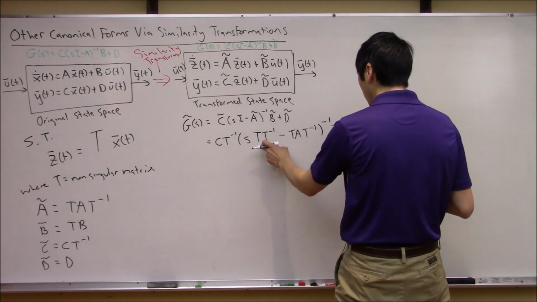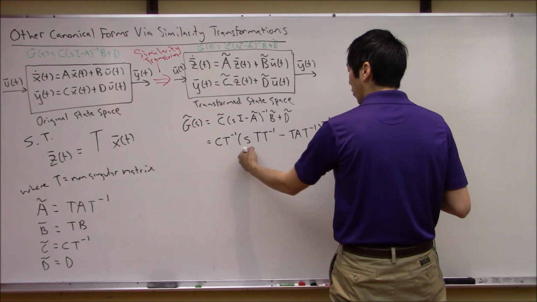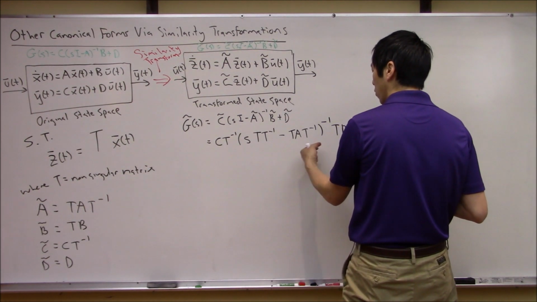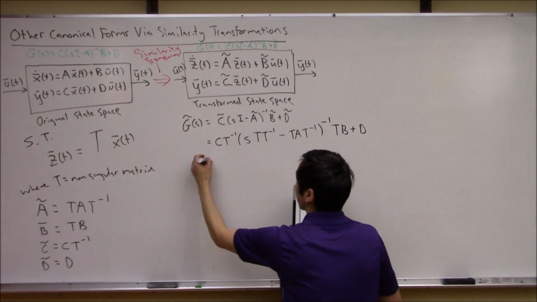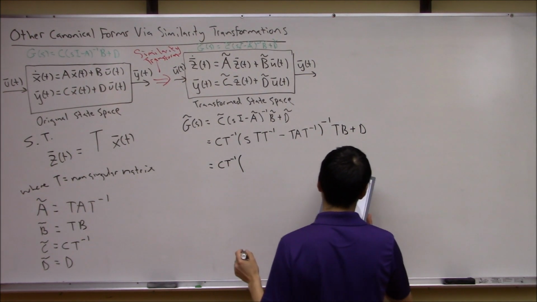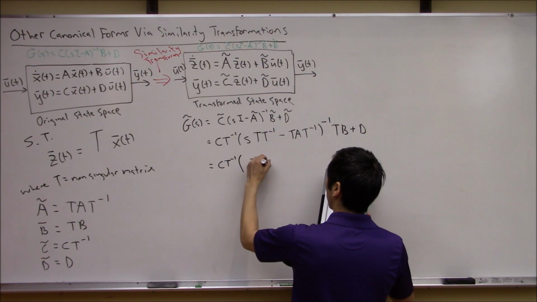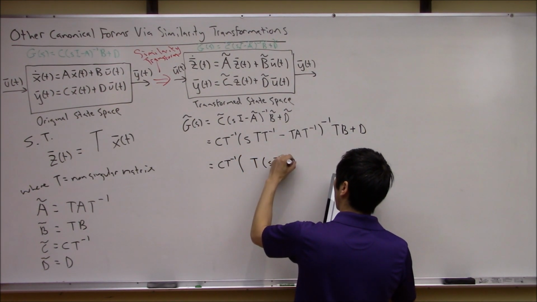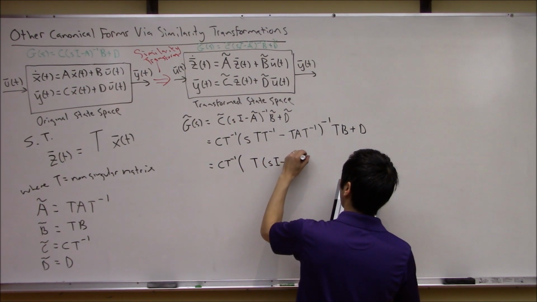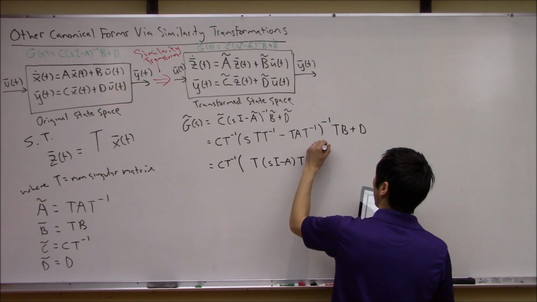Let's do a little manipulation in here. We can pull out the T on the left and the T inverse on the right. So this is C T inverse, and then I'm going to pull out the T over here, sI minus A, and then pull out the T inverse over here, and close the parenthesis so the whole thing is still inversed.